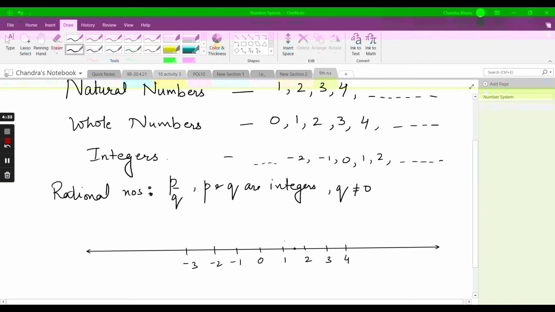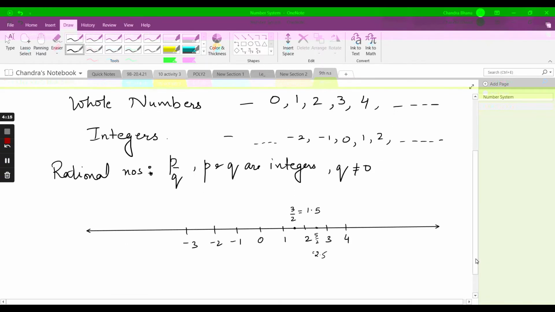Suppose I say here, this is 3 by 2. 3 by 2 is a rational number, which is basically 1.5. So all my decimal numbers are actually rational numbers. Here if I say 5 by 2, which is actually 2.5. So all these numbers can be represented on this number line.